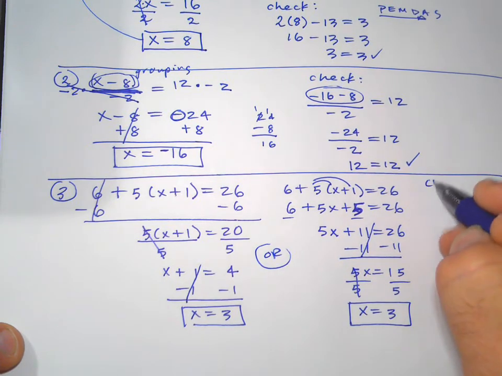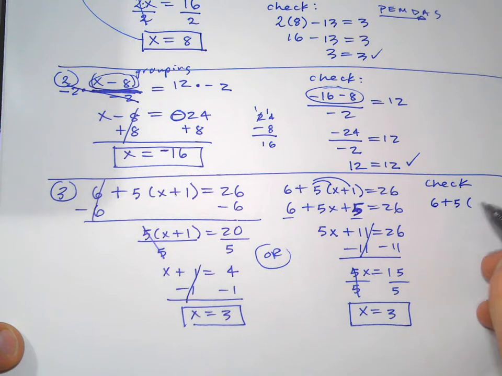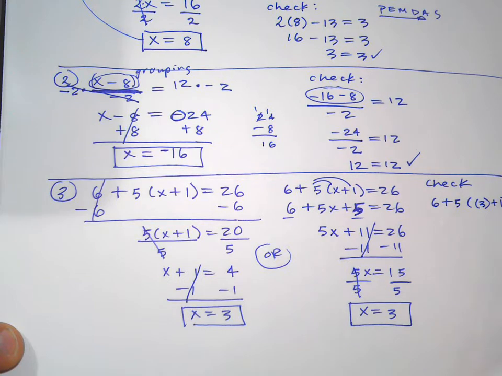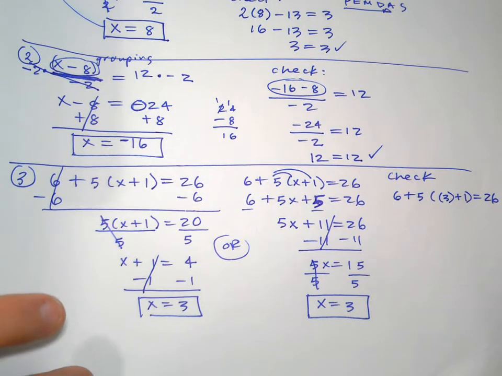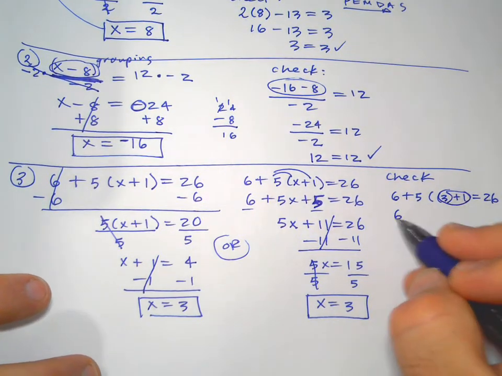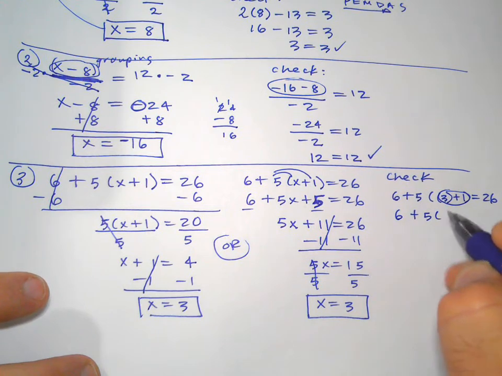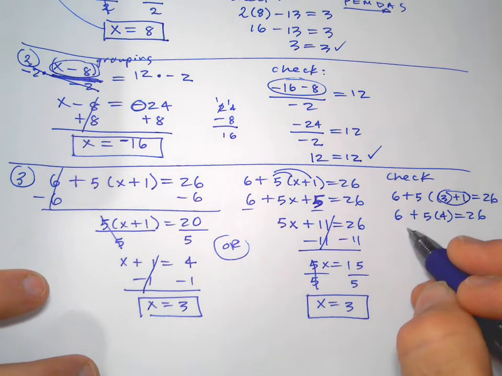Now, let's check it. And when we check it, we're going to plug the answer in. And then I would probably go ahead and simplify. Right, 3 plus 1, order of operations: parentheses, exponents, multiplication.